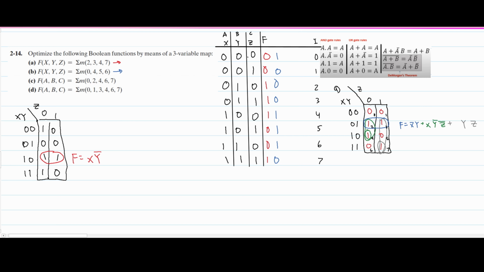So that's that done. Let's look at the next one. Well, for the next one, we have this 1 out here. Now, we could scoop this up and have it continue over this way, but we can't because this is a 0, 0 and this is a 1, 1. We can see that they're totally different. So we will look at it in terms of this one, and then we can also look at this one with it as well. So when we're in here, we can see that it's going to be the opposite of our z.